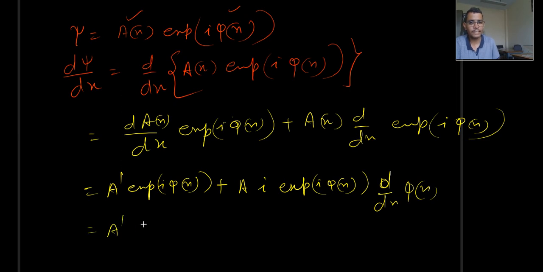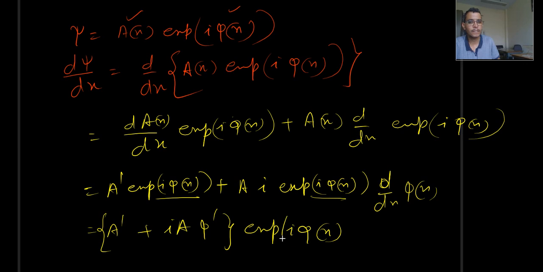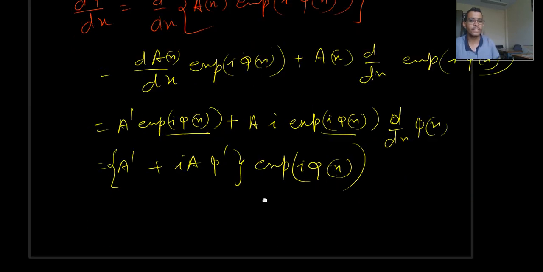So I can write it as a prime plus iota a phi prime, because it is the phi prime, and this exponential is common for both, so it can be taken outside, right?